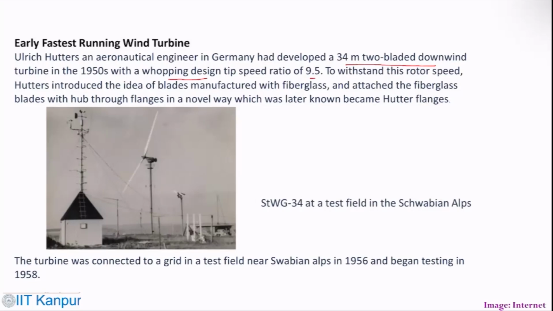To withstand this rotor speed, Hütter introduced the idea of blades manufactured with fiberglass and attached the fiberglass blades to the hub through flanges in a novel way, which later became Hütter flanges. So these are the key scientists.